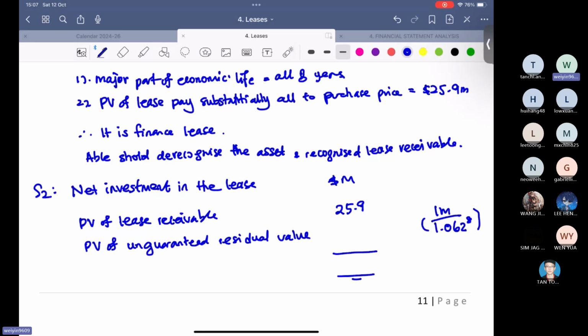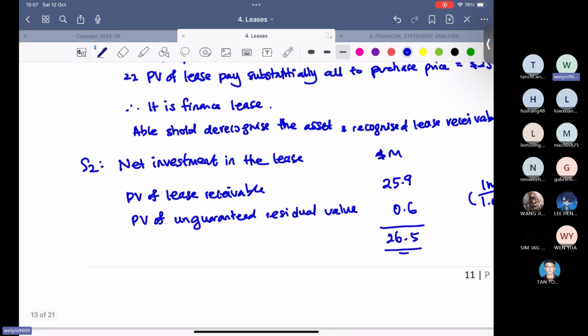Okay, answer from the floor. 26.52. Since the question said nearest to 1 decimal, so I just put 26.5. Okay, thank you. So this is the amount that you're going to recognize for your initial recognition.